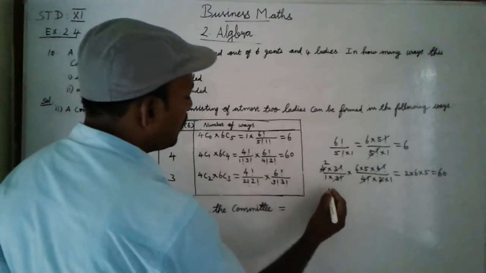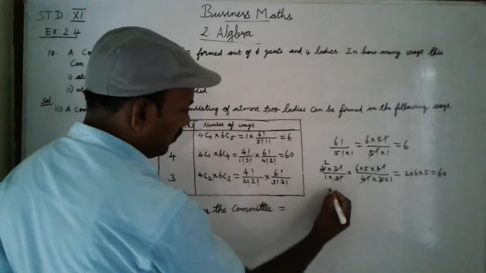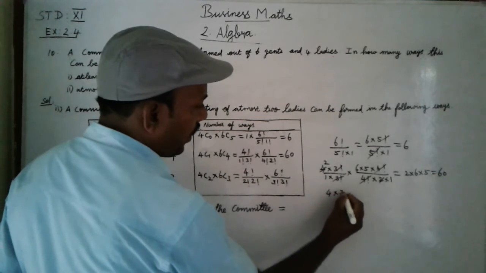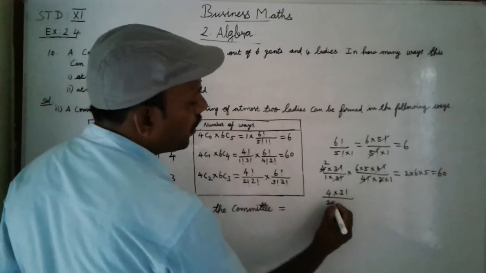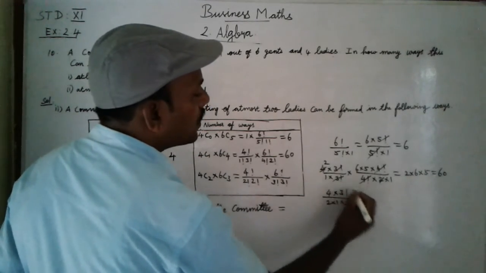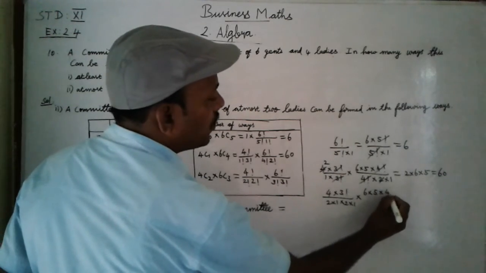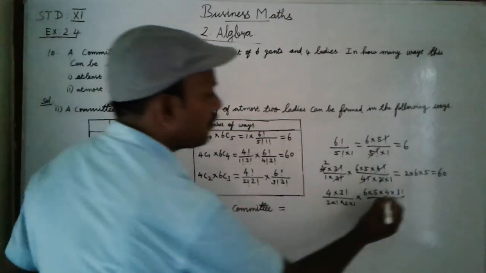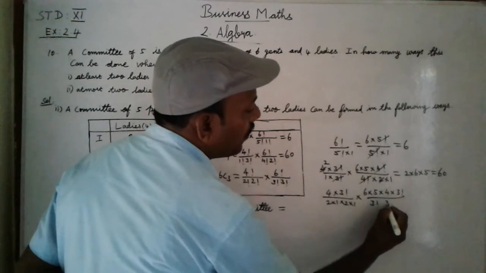So we should write this result. 4 factorial is, we should write 4 into 3 factorial divided by 2 factorial is 2 into 1. Again 2 factorial, 2 into 1, into 6 factorial is 6 into 5 into 4 into 3 factorial divided by 3 factorial into 3 factorial.